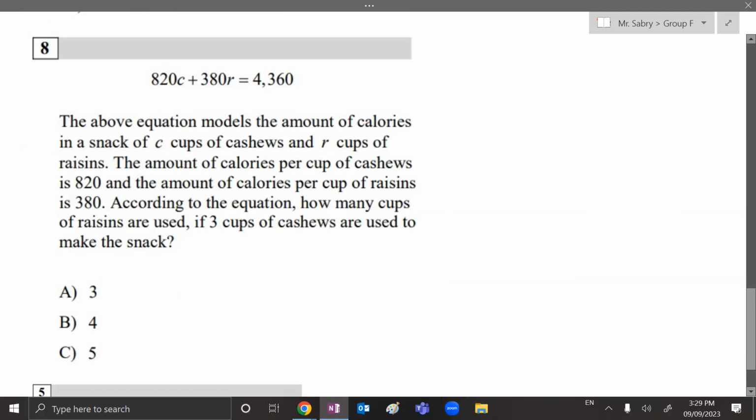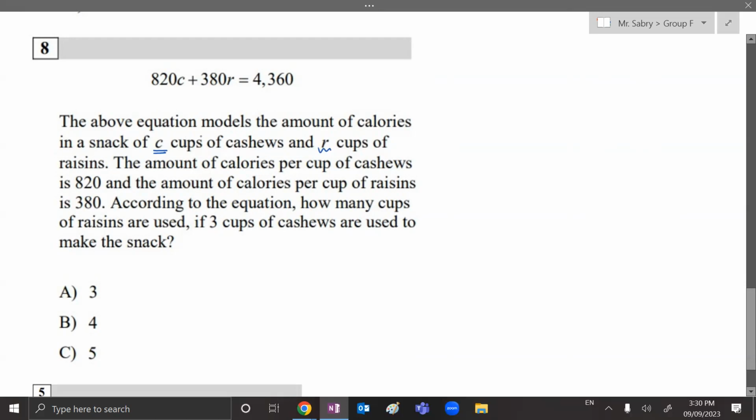Let's check it out. This is a very important type of question that comes up a lot in the SAT, where there is a mathematical equation or expression with letters. It's very important to understand what we do with this whole expression or equation, and what every letter represents. Now, it says there's a snack of C cups of cashews and R cups of raisins.